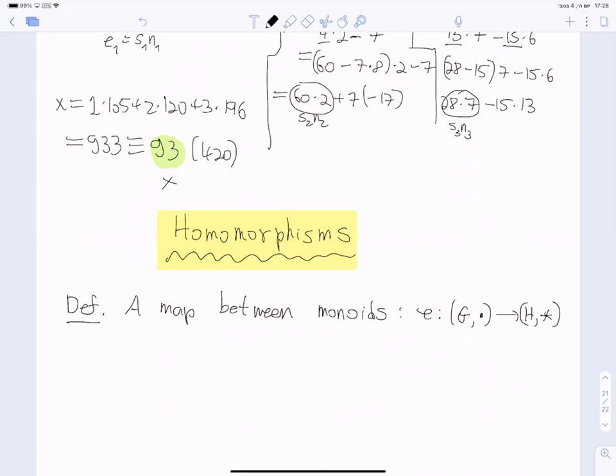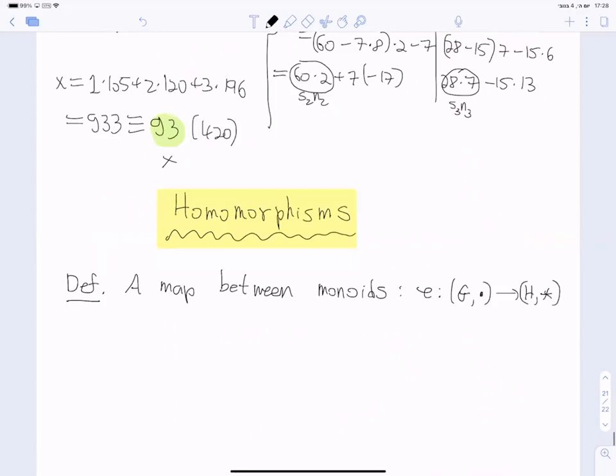So what is a morphism? A map between monoids is a homomorphism of monoids if it preserves the operation.